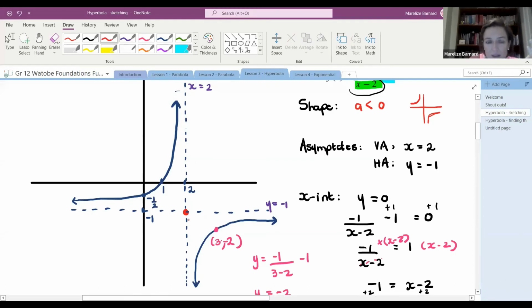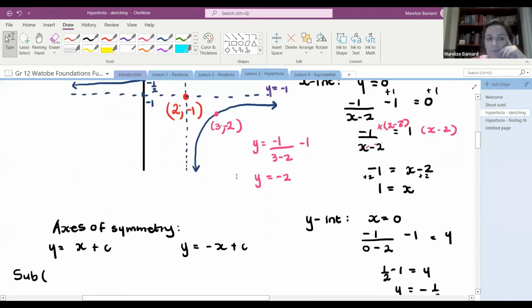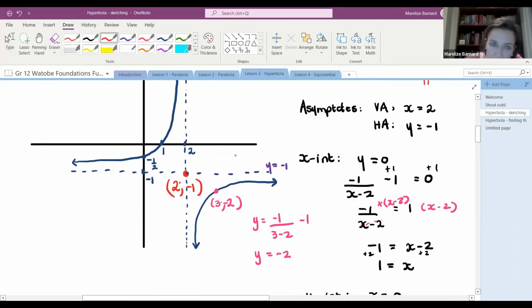Well, this line is x equal to 2, so the x coordinate will be 2, and the y coordinate will be minus 1. So that we sub in. Because our axes of symmetry are always going to go through that point, okay? Make sure you understand that your axes of symmetry will always go through that point. That's just one of the features.